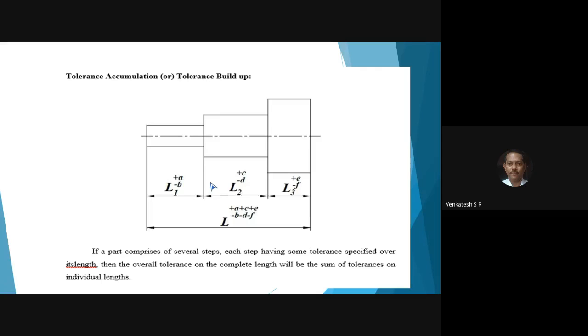Next, come to the point. For L3, the upper limit is plus E, the lower limit is minus F. Then add all the upper limits of L1, L2, L3, which becomes L. Add plus A, plus C, plus E. Then deduct the values minus B, minus D, and minus F from the basic dimension.